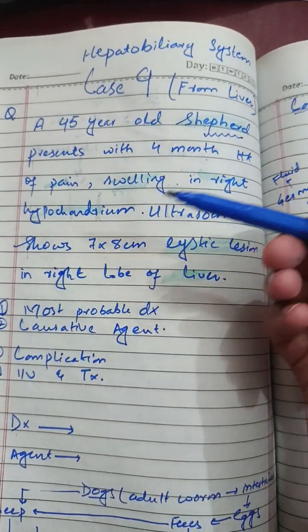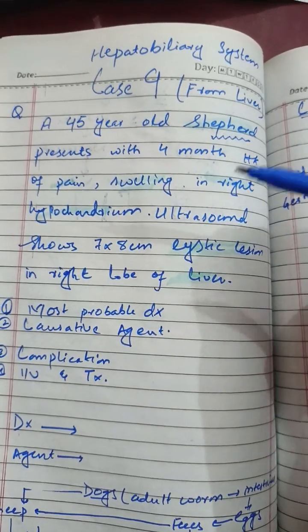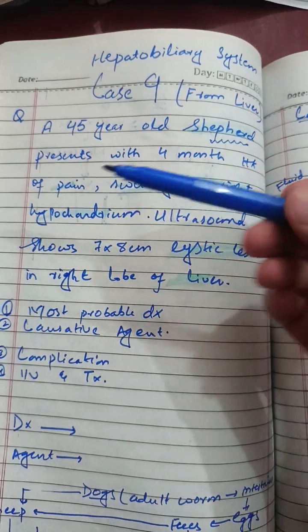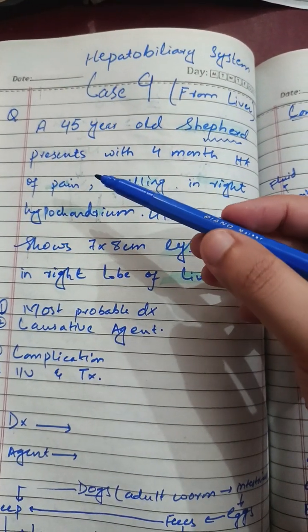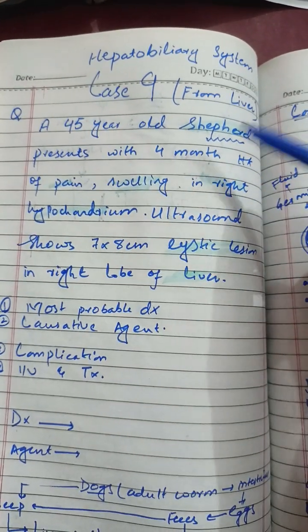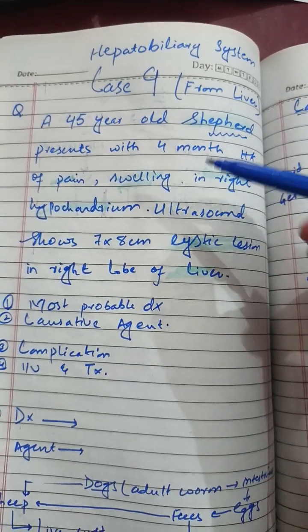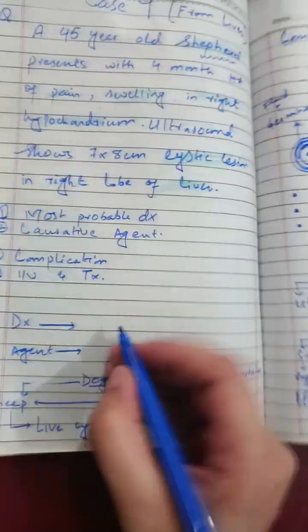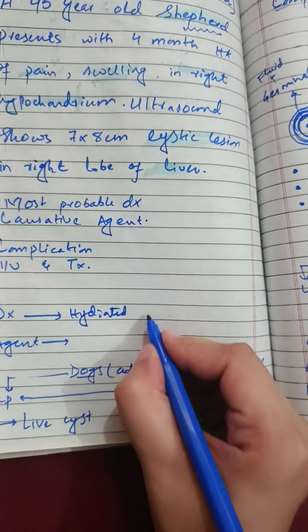If there was a history of fever and rigor with pain and cystic swelling, then our diagnosis would be amoebic cyst. Our diagnosis in this case is hydatid disease of the liver.